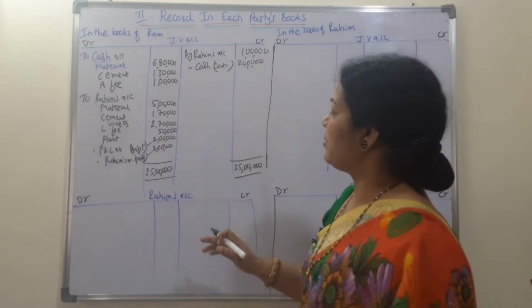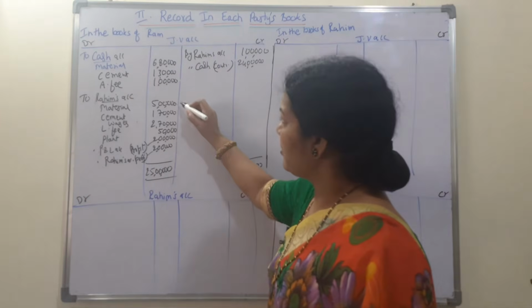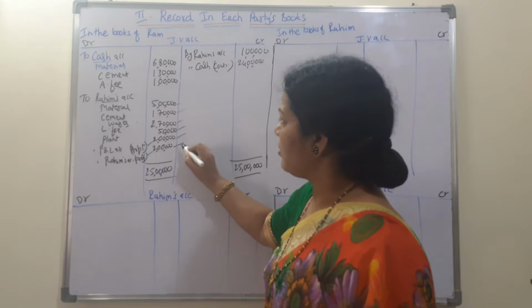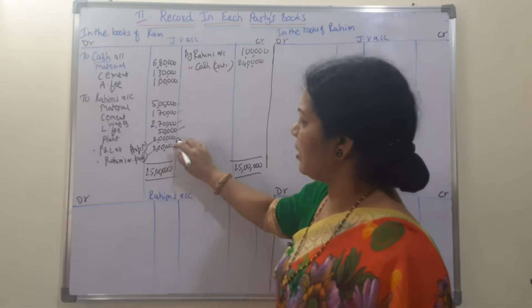Now here you see first Raheem's. Raheem's means all these amounts we are going to transfer. Not this one, this is Ram's.